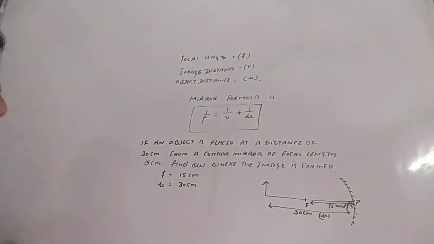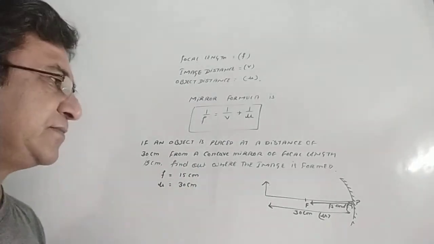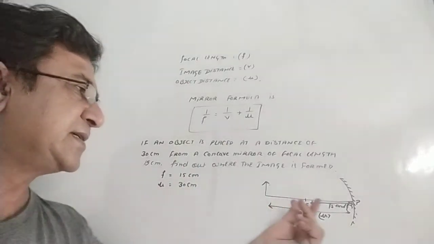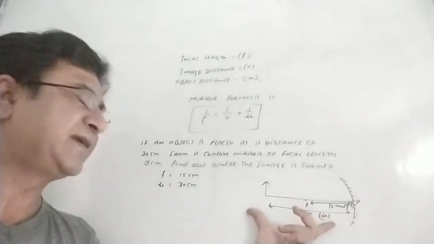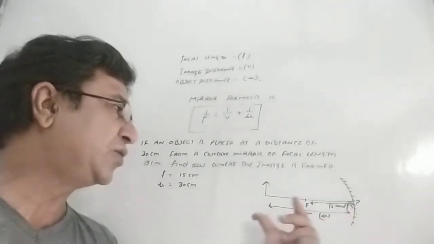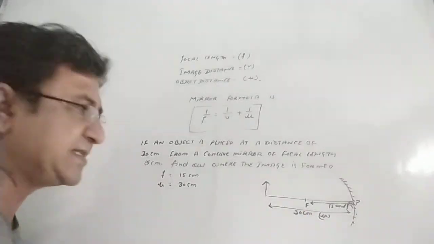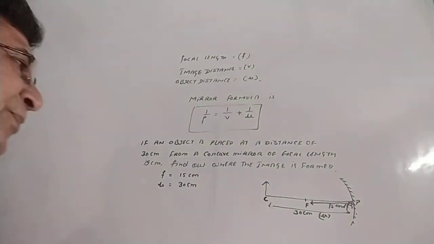Now, according to the ray diagrams, if the focal length is 15 centimeter and the object is placed at 30 centimeter, it simply means double the focal length is the center of curvature. That simply means the object is placed at the center of curvature.